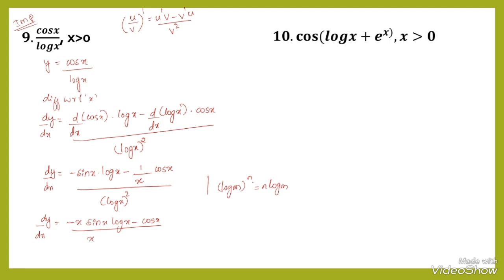Here I am applying the formula, so I can write 2 into log of x. This is the solution of the given problem. This is also right, and this step is also right; both are right.